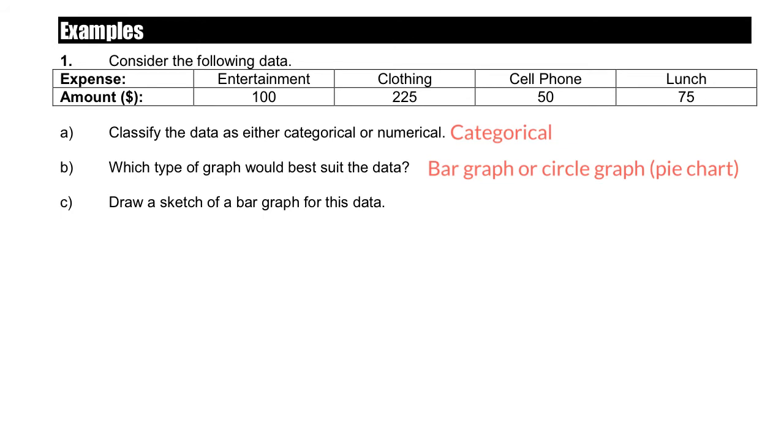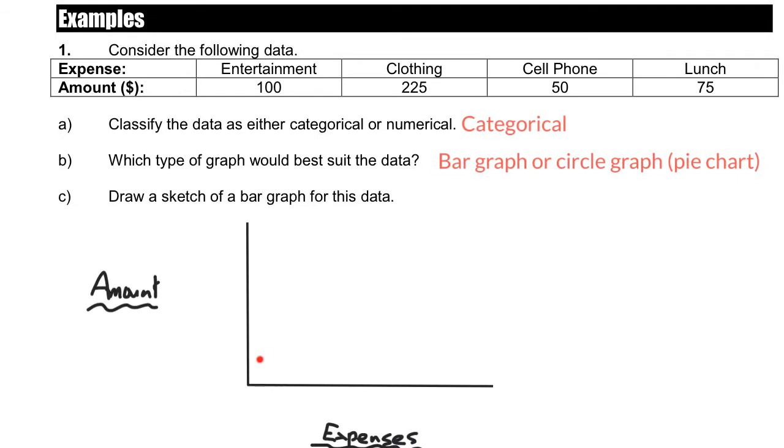Okay, so now we're going to sketch out how we would make a bar graph and how we would make a circle graph for this information. Well, we set up our X and our Y axes. We put our categories along the bottom and our amounts along the side. Set up your scale for your numbers.